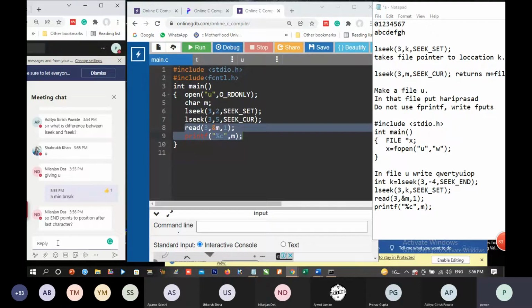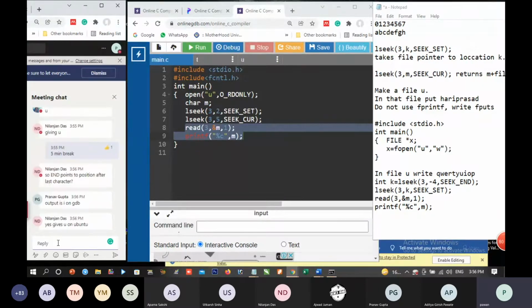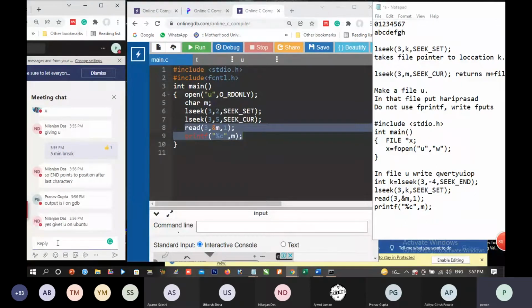Nilanjan, have you executed it? Tell me on which system you have executed it. On Unix, on Ubuntu, and it points to the position after the last character also. No, Nilanjan, I cannot expect you on Ubuntu.